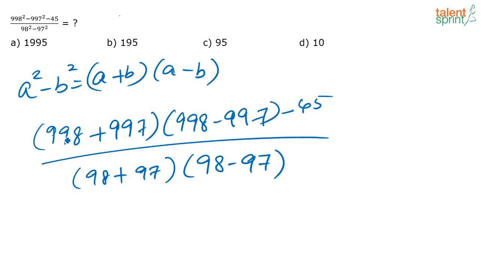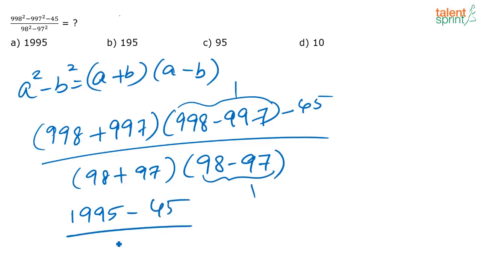Okay, now again here 998 plus 997, that's the main calculation that you have to do. So, this is equal to 1995. Now, this is 1, 998 minus 997 is 1, this is also 1. Okay, minus 45 divided by 98 plus 97, that is 195. Now, this is equal to 1950 divided by 195.